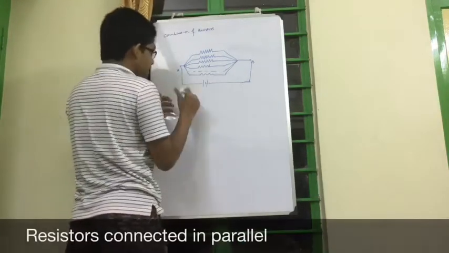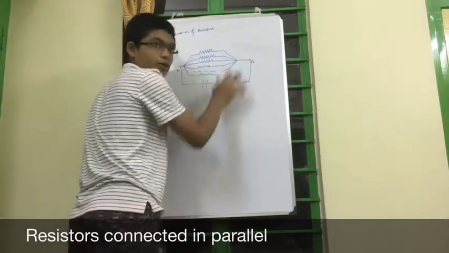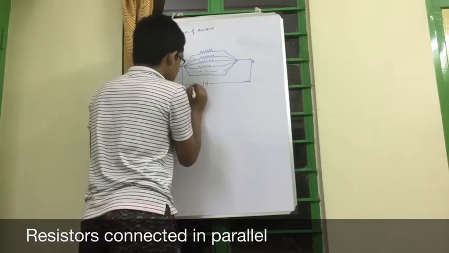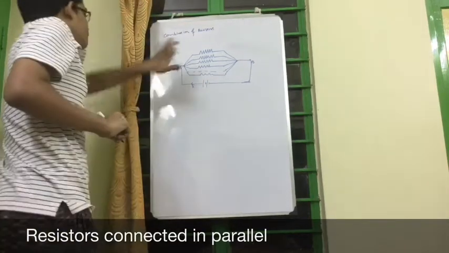So, conventional current flows from the positive terminal to the negative terminal, you know this. So, a current of magnitude say I will flow.